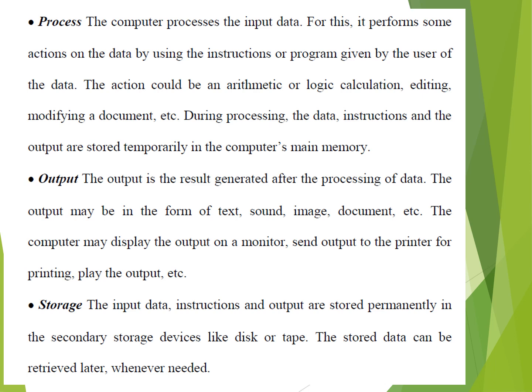Output. What is the output? The output is the result generated after the processing of data. The output may be in the form of text, sound, images, and so on. The computer may display the output on a monitor, send it to the printer for printing, play the output, and so on.